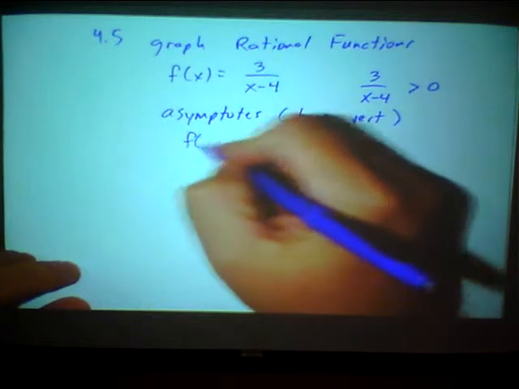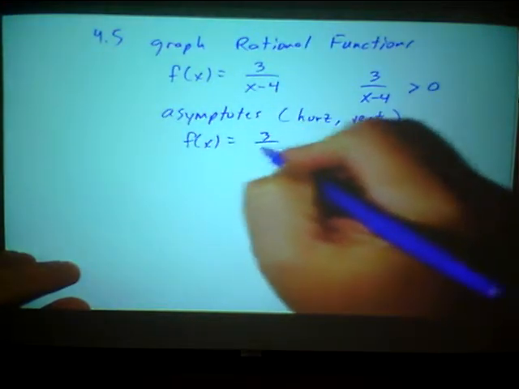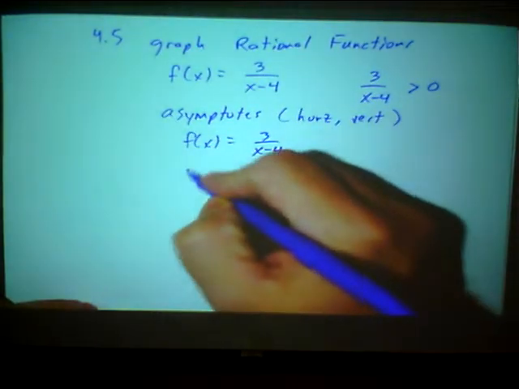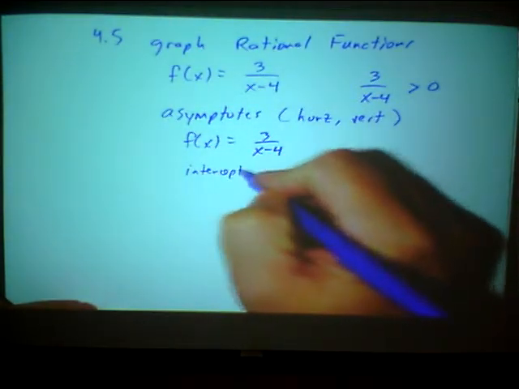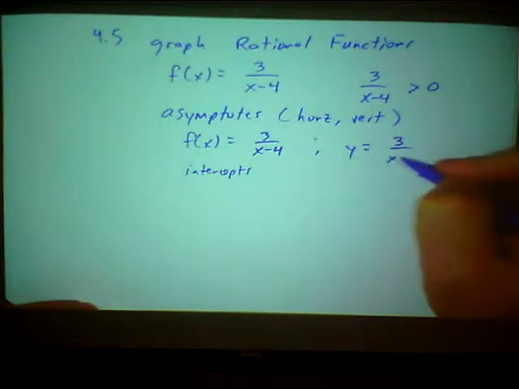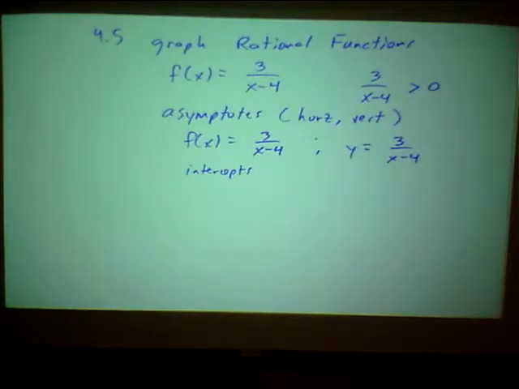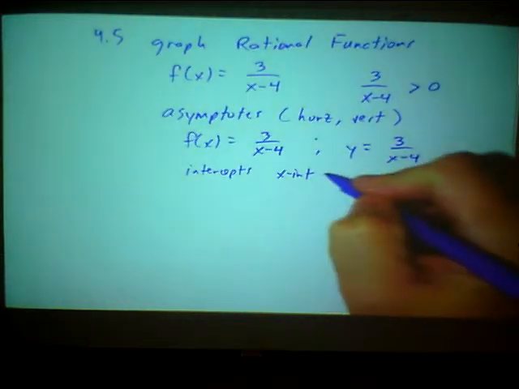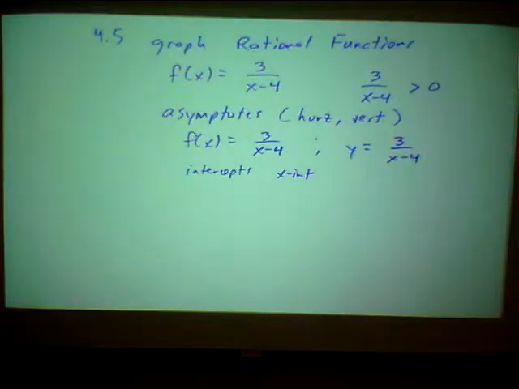There's nothing to factor. And let's go ahead and see what we have here. Let's first look for intercepts, x and y-intercepts. If I rewrite this as y equals 3 over x minus 4, to look at my x-intercept, I set y equal to 0.